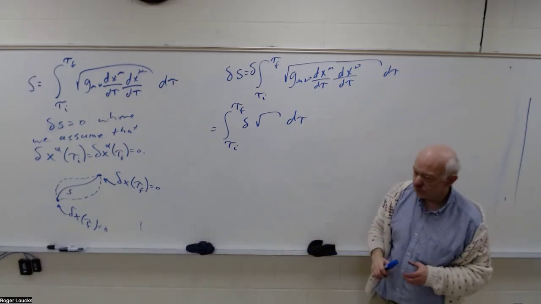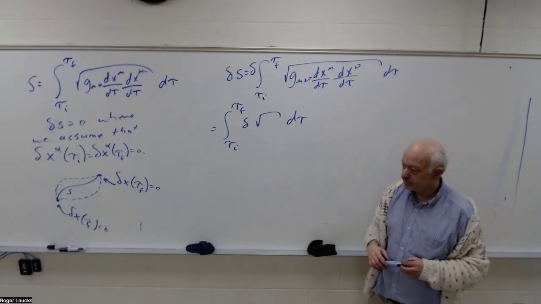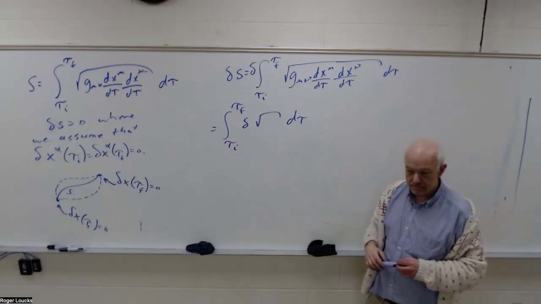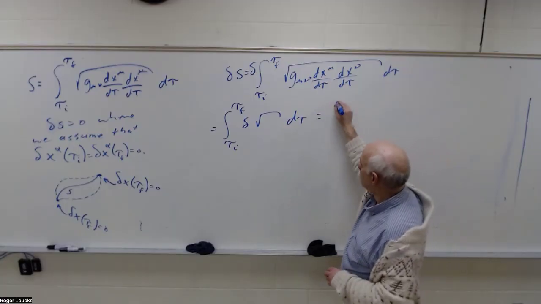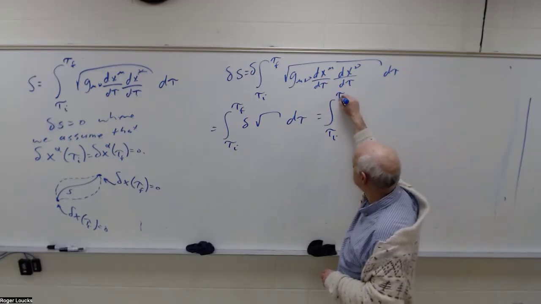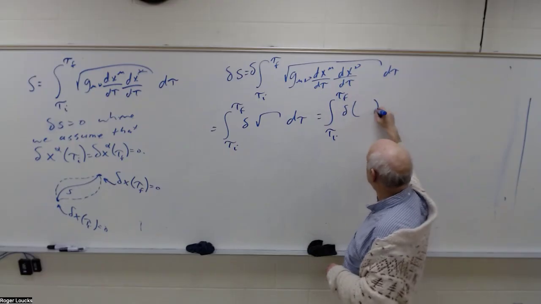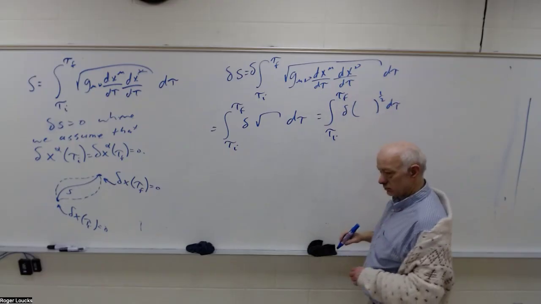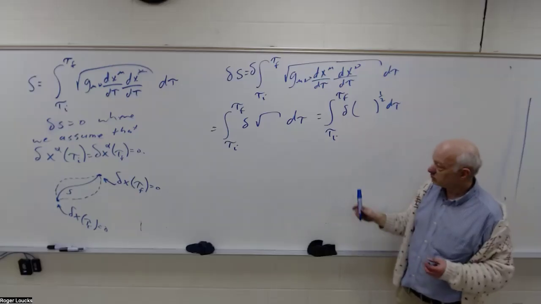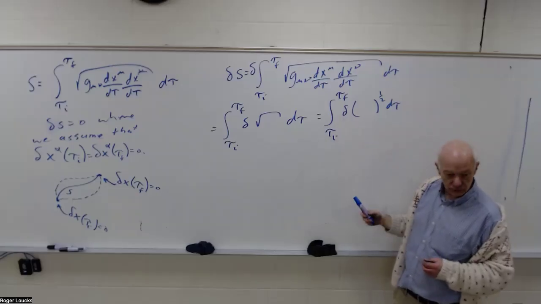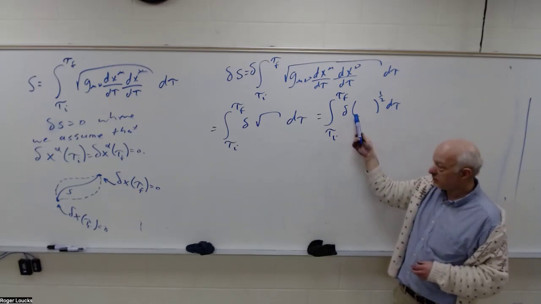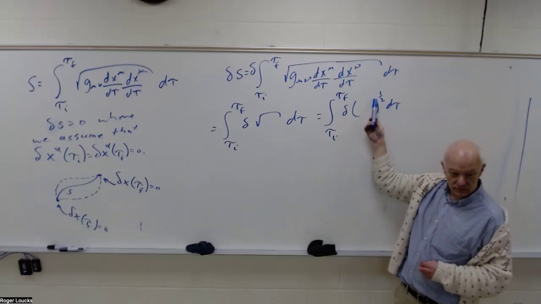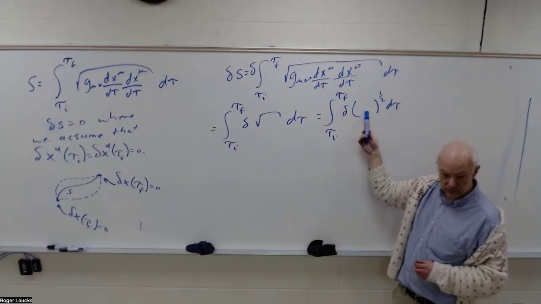Then if there were a derivative acting on here, what would you do? Chain rule. Okay, so you take the half down here, subtract 1 from the power, and then take the derivative of the interior.